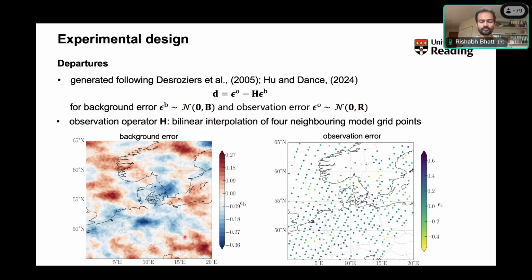So this is one of the errors which we generated, and you could see the background error lies between 3 sigma, so 3 times standard deviation, -3 to 3 sigma, and also same for the observation error.